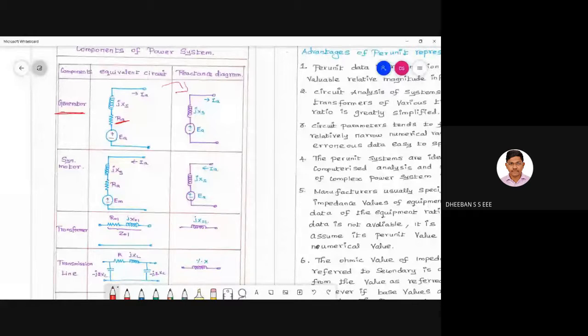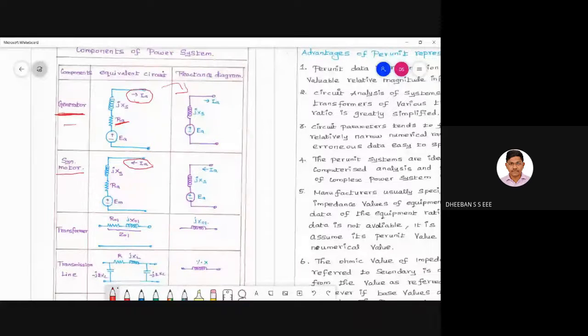The same thing goes for your synchronous motor, but the thing is that for the generator, the current gets supplied. So this is the main important thing you have to see. For the generator, the current gets supplied, but if you're considering a synchronous motor, this acts as a load. So the I_a will be flowing inwards.